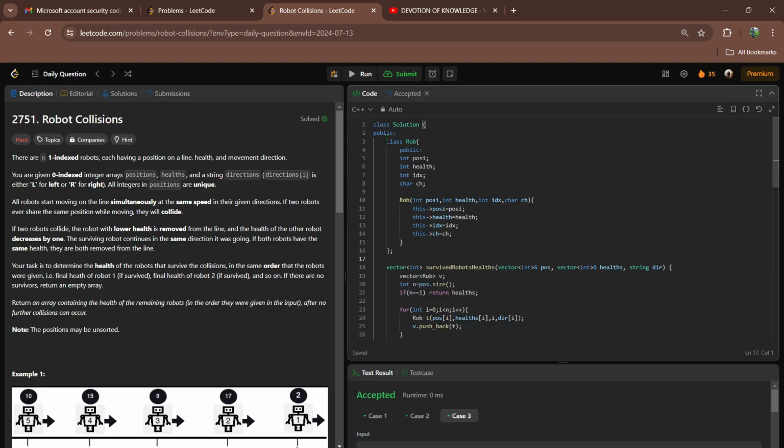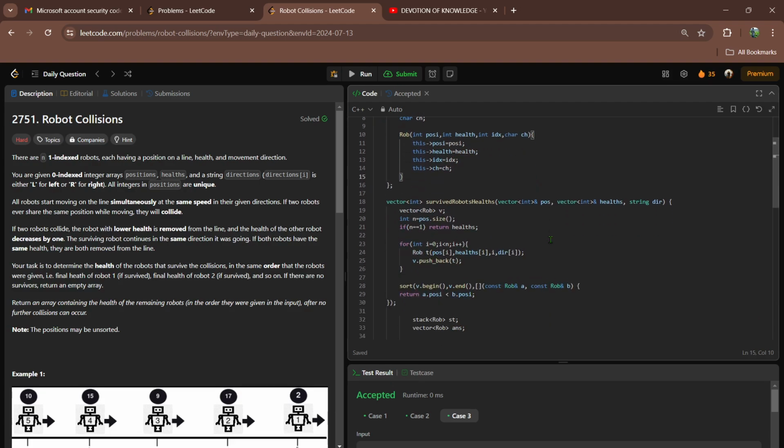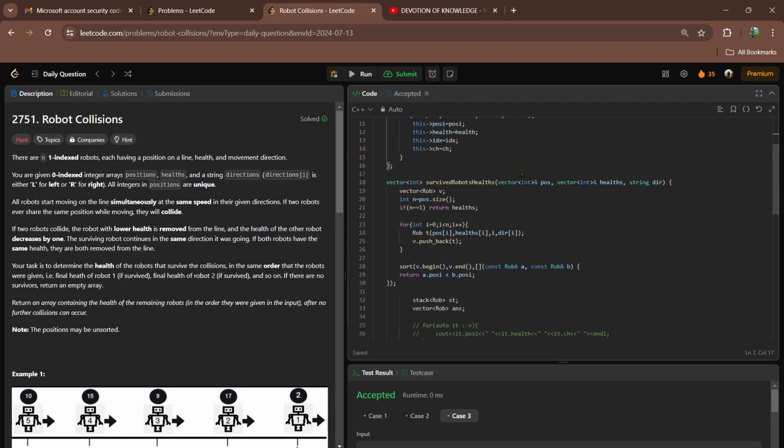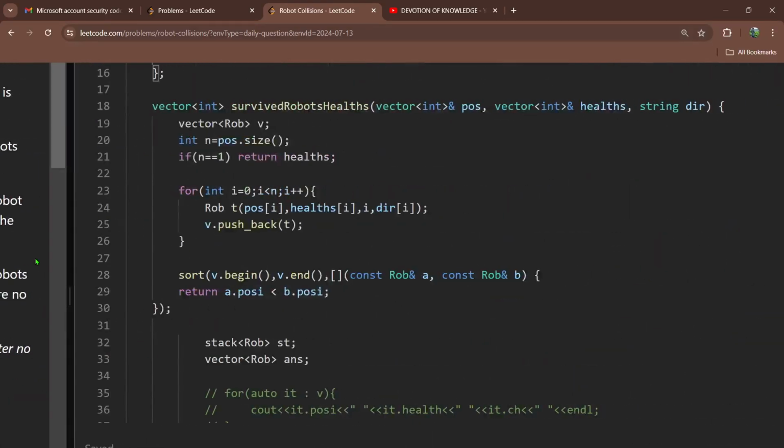Here I have assigned the values the constructor way. This is the constructor, and all these values are assigned to the corresponding members of the class named Rob. Okay, let's understand the question line by line.